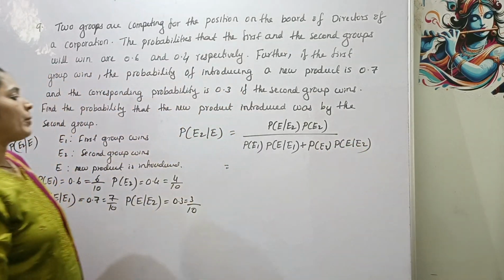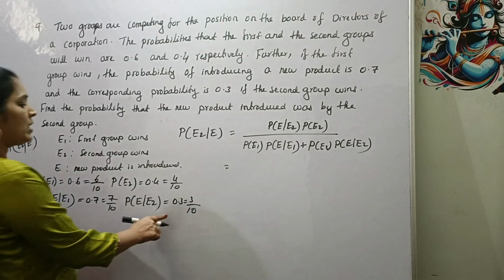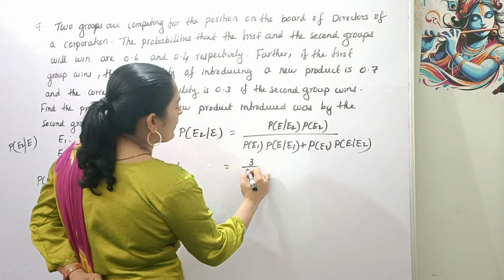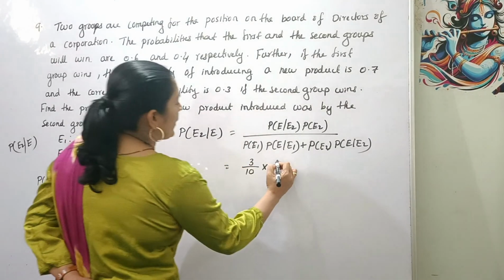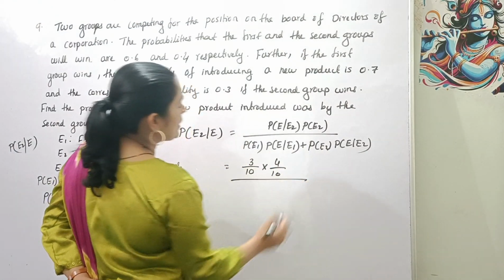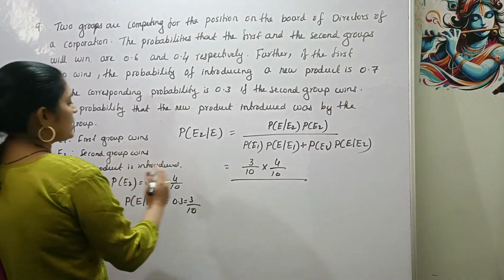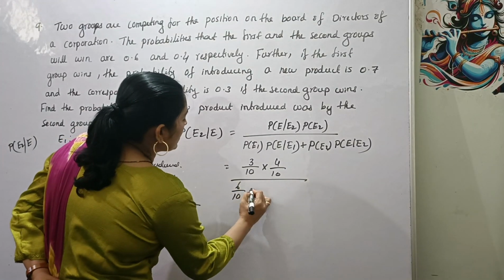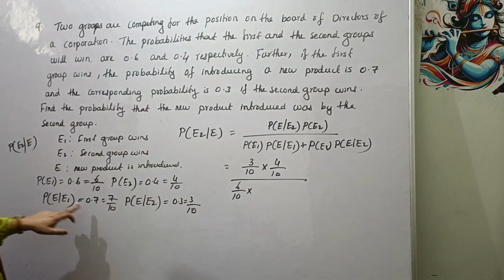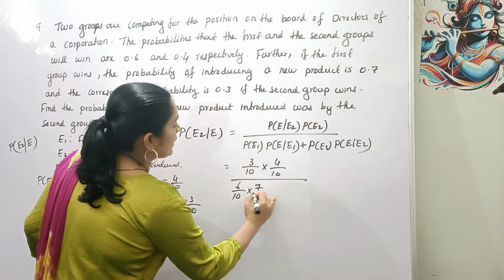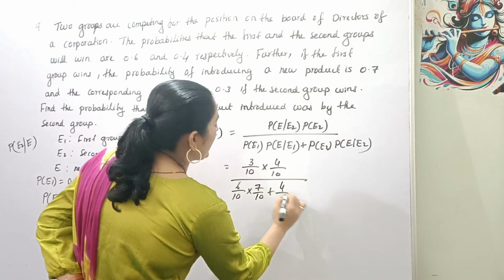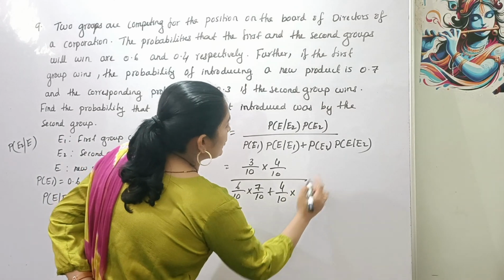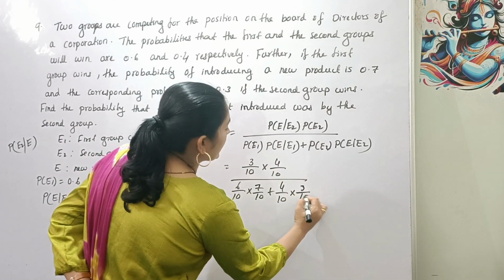That is equal to probability of E given E2, 3 by 10, into probability of E2, 4 by 10, divided by probability of E1, 6 by 10, into probability of E given E1, 7 by 10, plus probability of E2, 4 by 10, into probability of E given E2, 3 by 10.